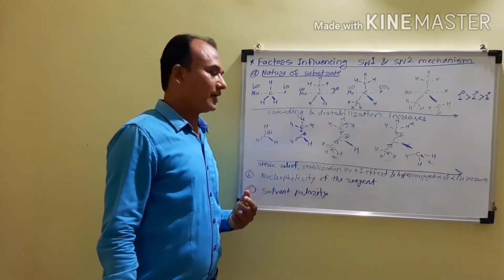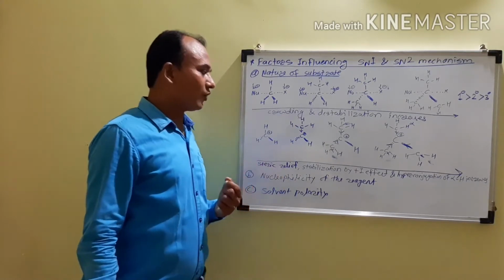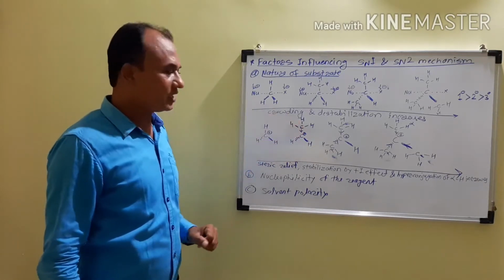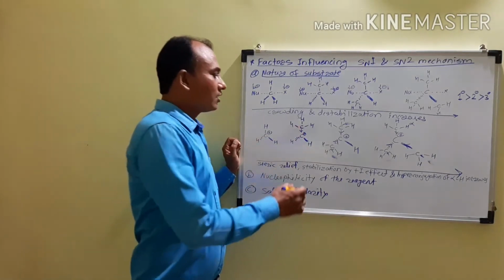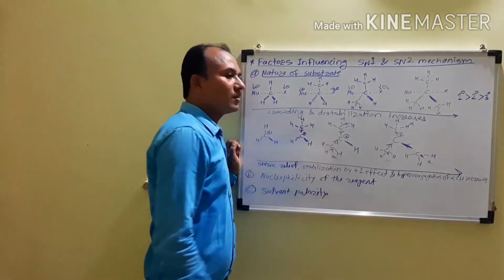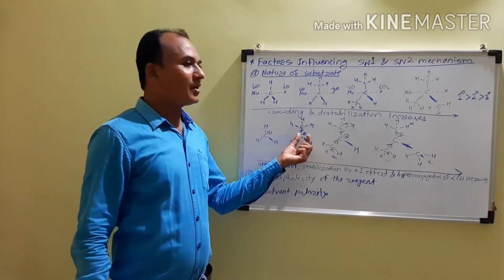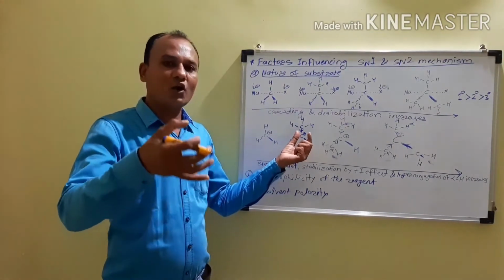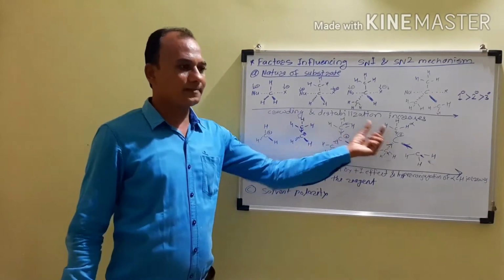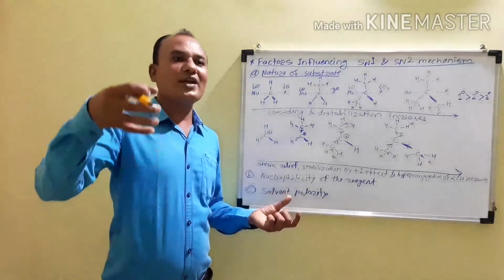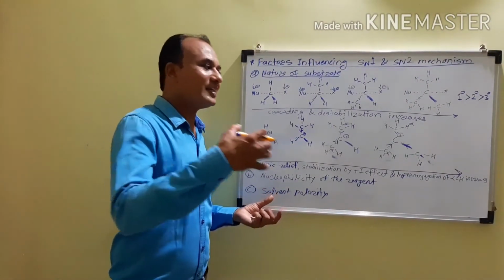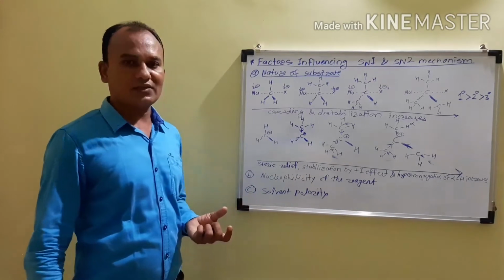There is another factor, that is the positive inductive effect. When a methyl group is attached in place of hydrogen, due to the positive inductive effect, the carbocation becomes more favorable for the attack of the nucleophile. As the methyl groups increase, the positive inductive effect increases, and due to that the nucleophile can easily attack that substrate.